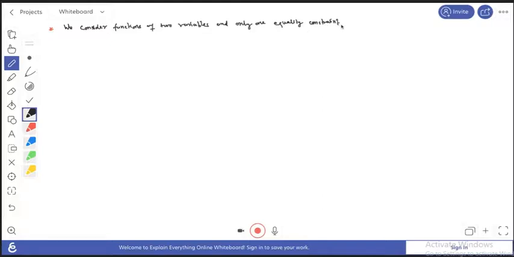Okay, so this means there is only one equality constraint function, and this is from two dimensions, so this is from R2 to R. The constraint function.